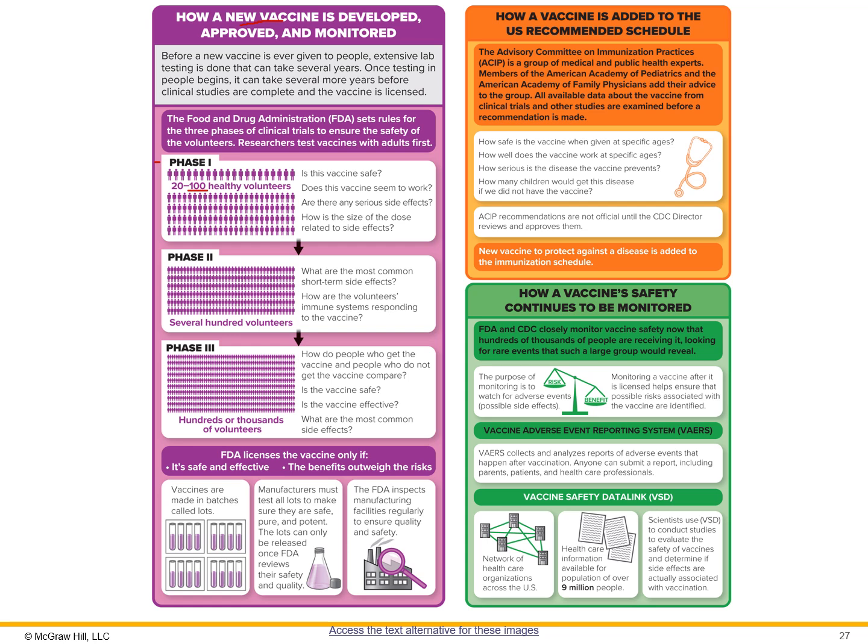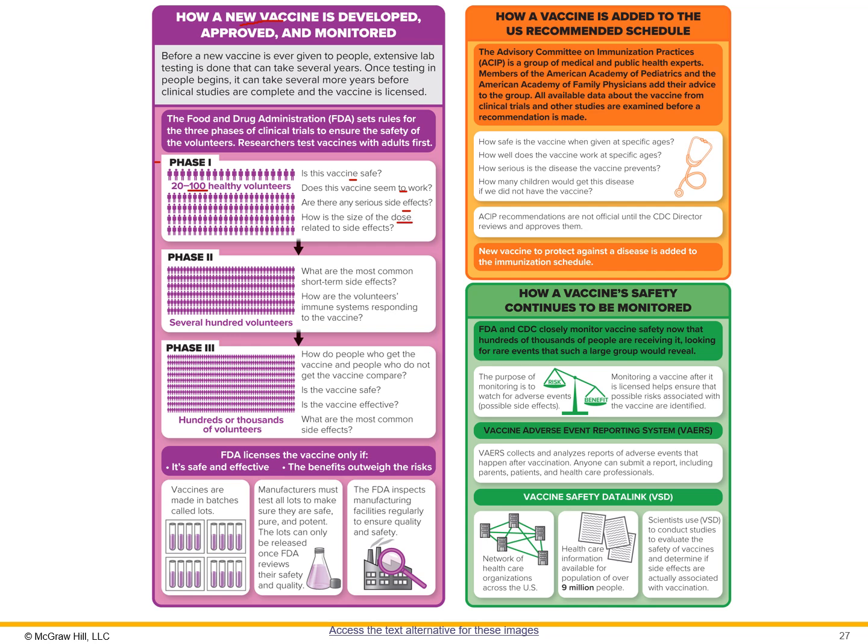So just to initially determine safety, about 20 to 100 healthy volunteers are vaccinated against it. It determines if it's safe, does it seem to work, any side effects especially, and then the dosing that is used.